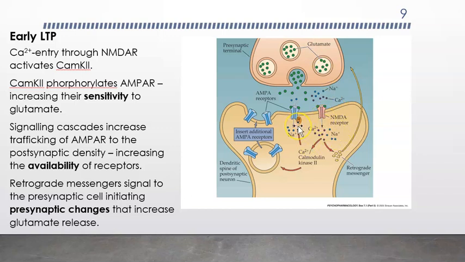They tell current AMPA receptors, hey, phosphorylate quicker, depolarize quicker. They say, hey, let's get even more AMPA receptors, and then they send a messenger to that presynaptic cell saying, hey, we need more glutamate. Okay? So all in all, this is LTP early phase. Okay, we're going to get more depolarization of that postsynaptic cell.